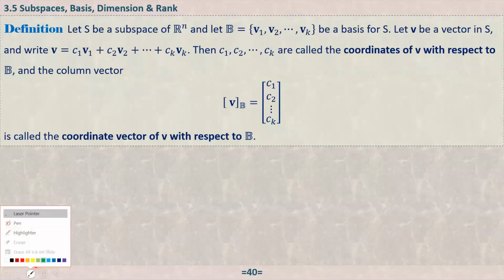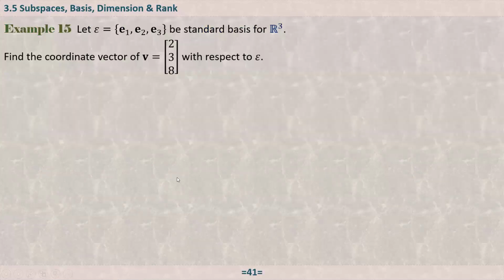Now I need a pen. Let epsilon contain these vectors e1, e2, e3. These are the standard unit vectors, the standard basis for R3. Find the coordinate vector of v with respect to epsilon.